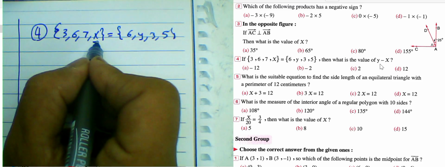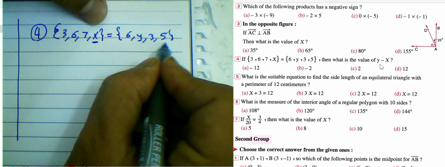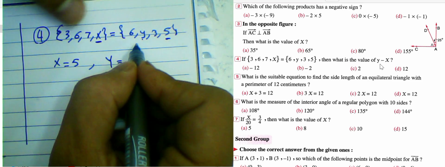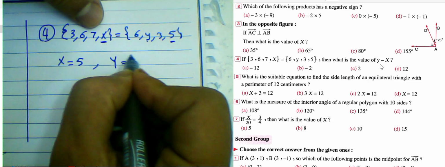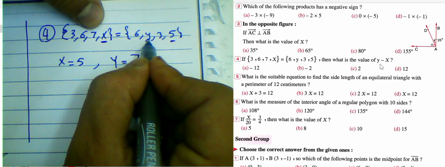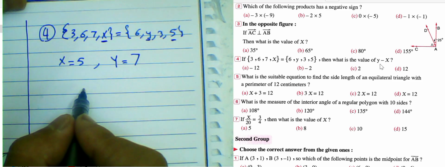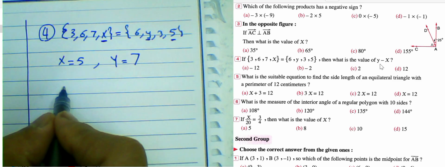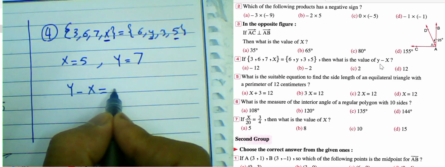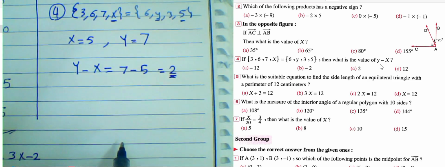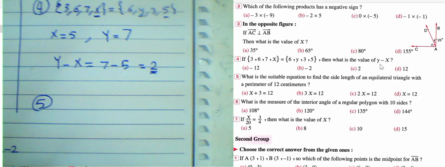Then x here will be equal to 5, and y will be equal to 7. Then he wants to find the difference, y minus x. y is 7 minus x which is 5, so 7 minus 5 will be 2. Then the result here will be 2. Choose letter C.